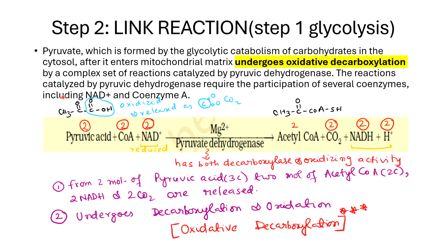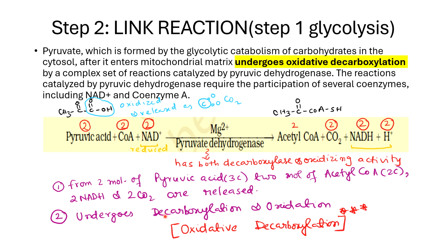Essentially, the acetyl group, which is obtained after the release of carbon dioxide, is attached to coenzyme A, and this 2-carbon compound, acetyl coenzyme A, enters the Krebs cycle. So essentially in the link reaction, a step of oxidation and decarboxylation takes place.